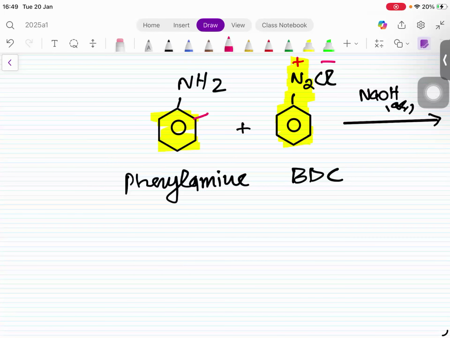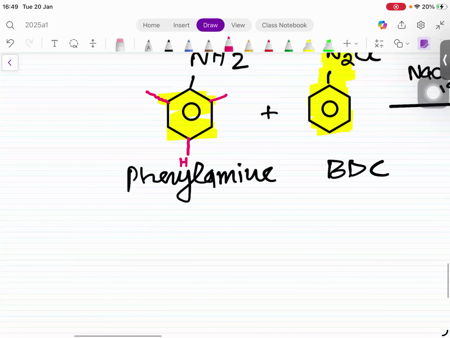You know where they prefer? 2, 4, or 6, right? So this is what happens. When you mix phenylamine with BDC, the benzene diazonium ion, which is an electrophile, takes the place of hydrogen, an electrophilic substitution reaction, at either carbon number 4 or carbon number 2, preferably 4.